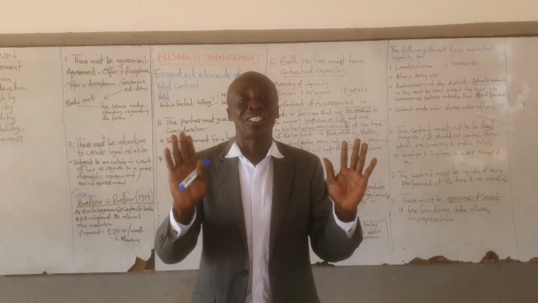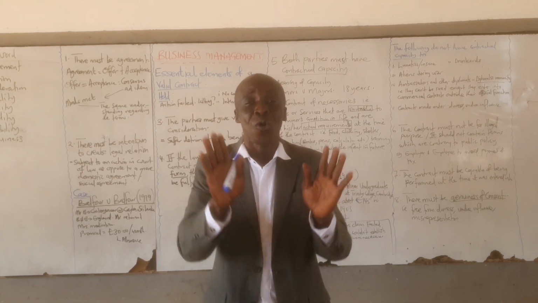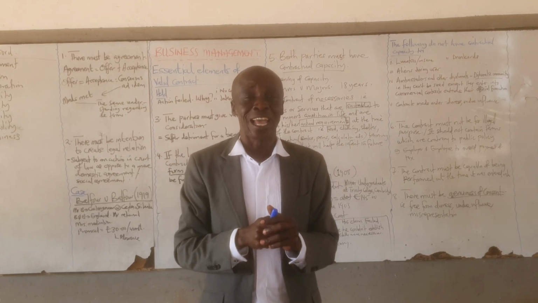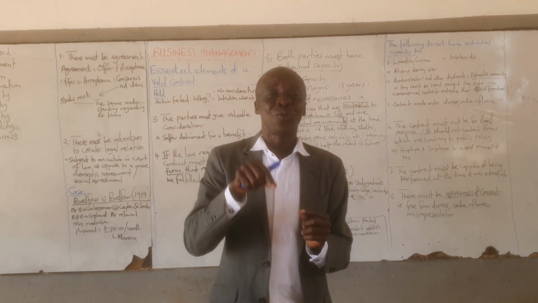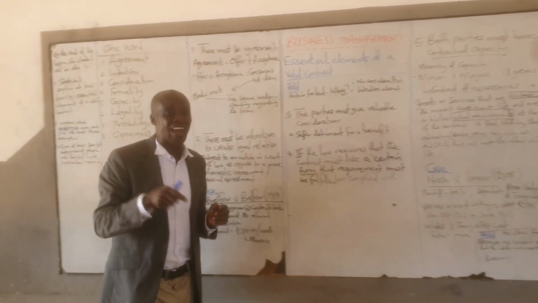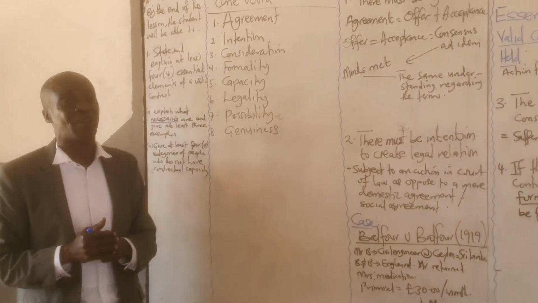No, that intention will not be there. So they will not be saying that that intention was there. That is not what they are going to use. So we learn that there must be intention to create legal relation. And in one way, if you see intention, that is the one they are talking about.